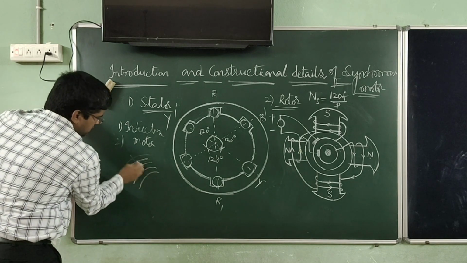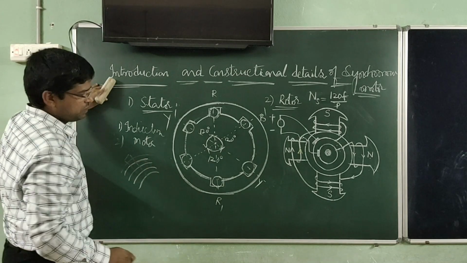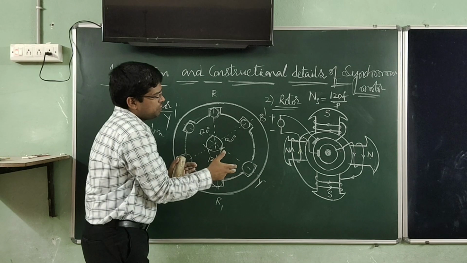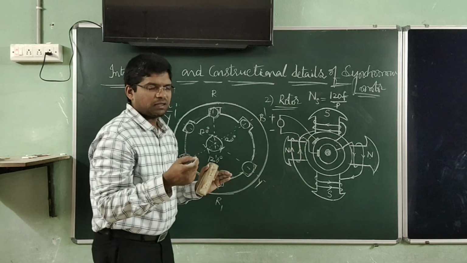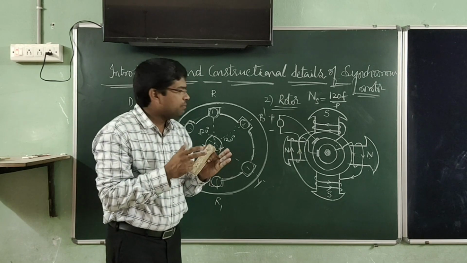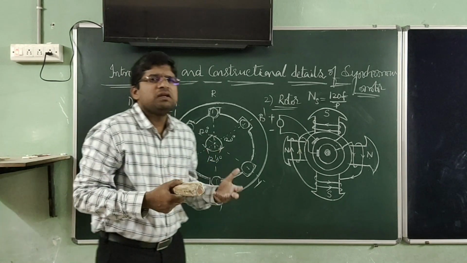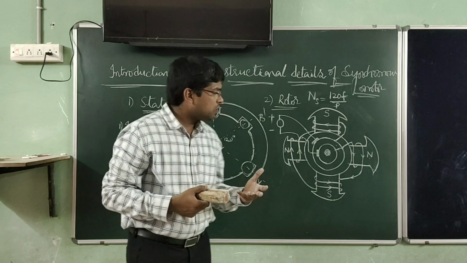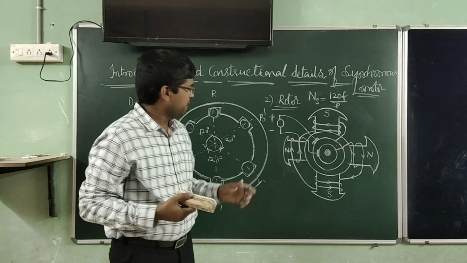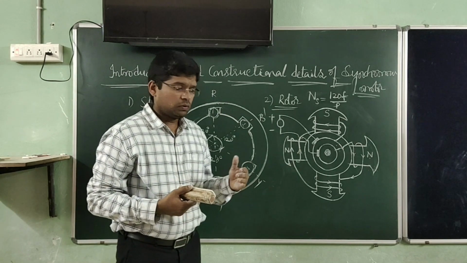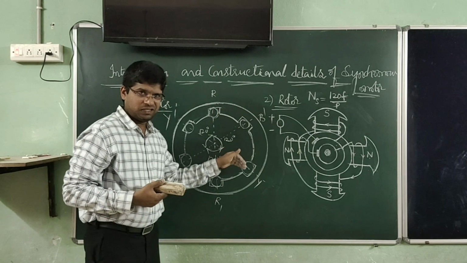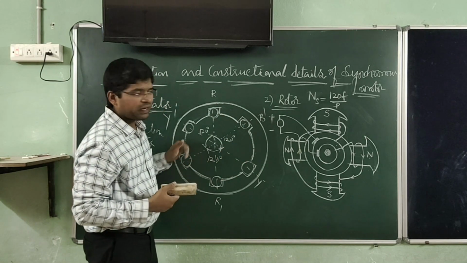This is called sheet steel lamination. The stator core is made of steel or cast iron, but it is a laminated sheet. Why is it laminated? In order to reduce the eddy current losses in the stator core.